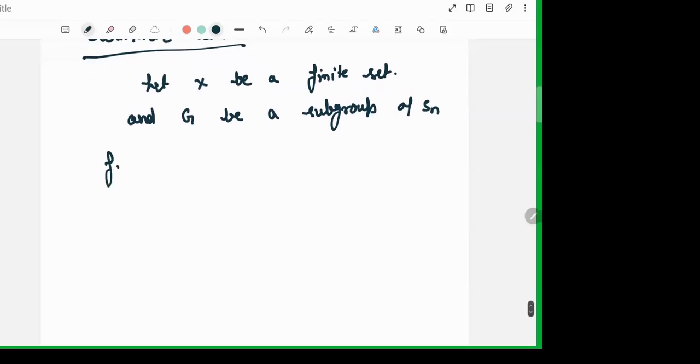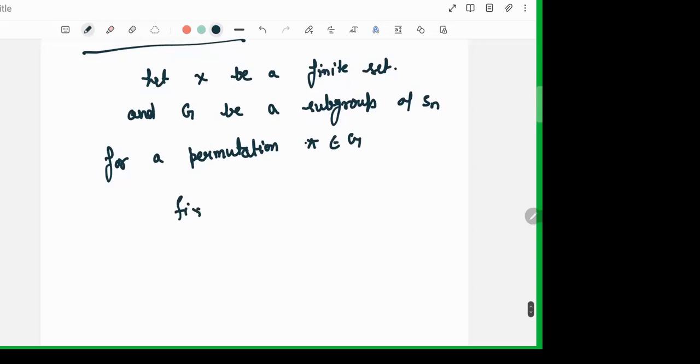For a permutation pi belonging to G, this statement will be used in a problem, that's why I'm writing this again. The fixed set of pi is the set of x belonging to X such that pi x is x.